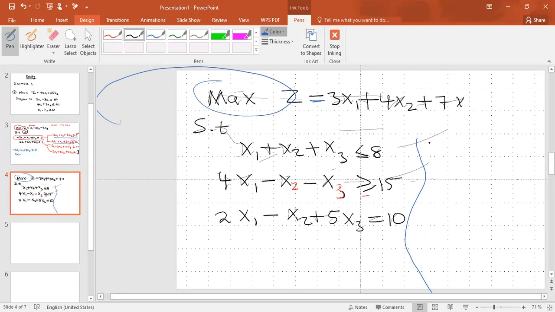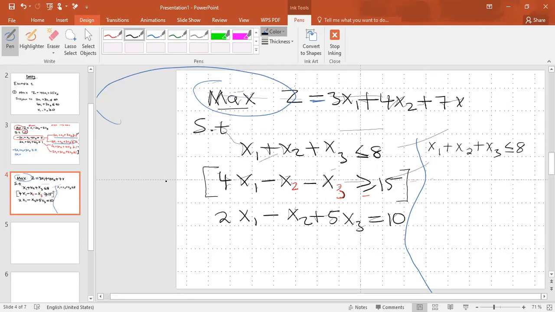We want to convert it to the dual. So the first one, we just copy it the way it is: x1 plus x2 plus x3 less than or equal to 8. Since it's maximizing, all constraints must have less than. So we take the second one and multiply it by negative 1 to change the sign from greater than to less than.